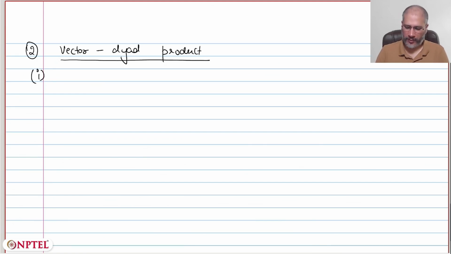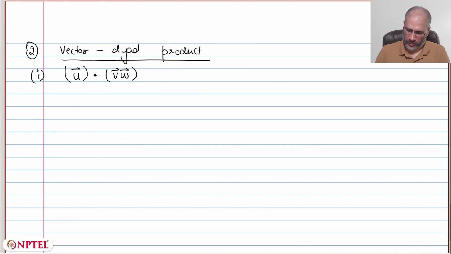The first way we'll multiply a vector u with a dyad of two vectors v and w is using a dot product, that is, an inner product. Again, these things will be very new to many of you, seeing a product between a vector and a higher order tensor, that is a dyad, and the products can be of different kinds.